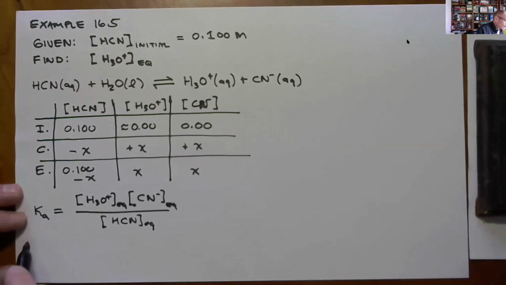But specifically, what is the value? The value of Ka is 4.9 times 10 to the minus 10, so it's small.